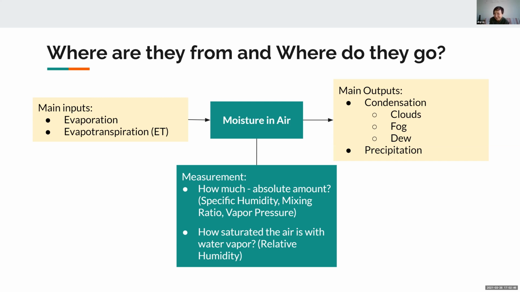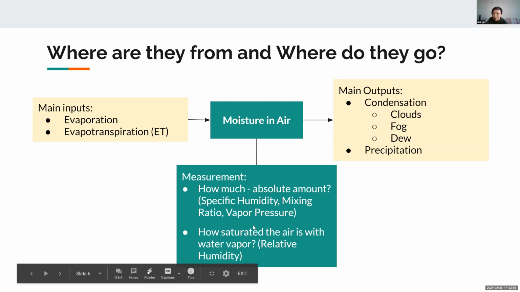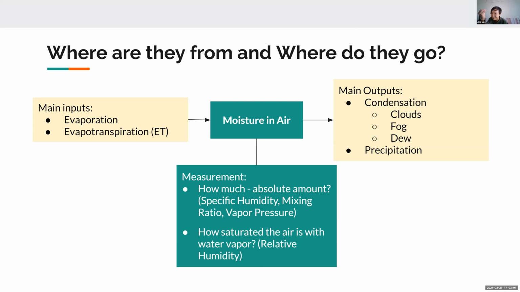Mixing ratio is a percentage of the water vapor, and vapor pressure is the pressure specifically exerted by the gas phase of water. So read the textbook to learn the definitions, and summarize that in your discussion.